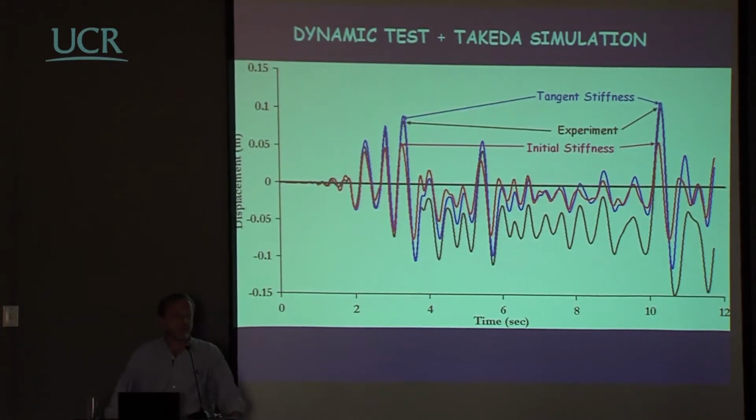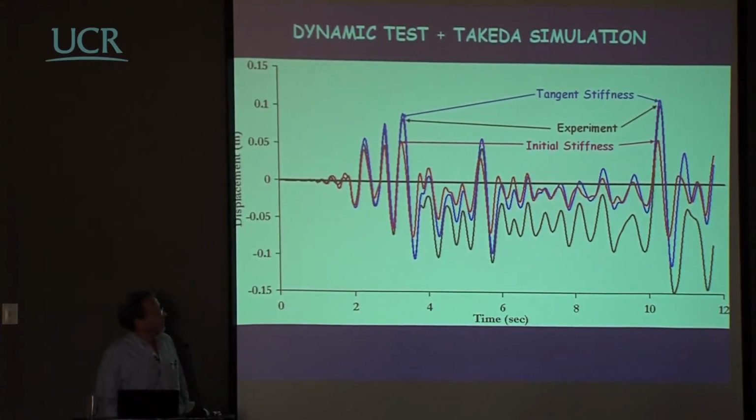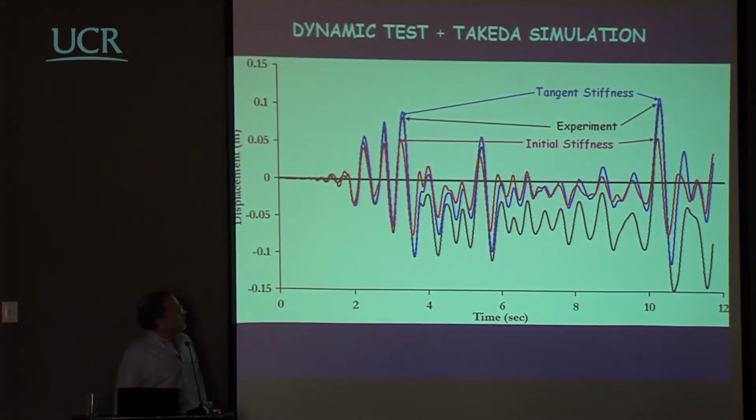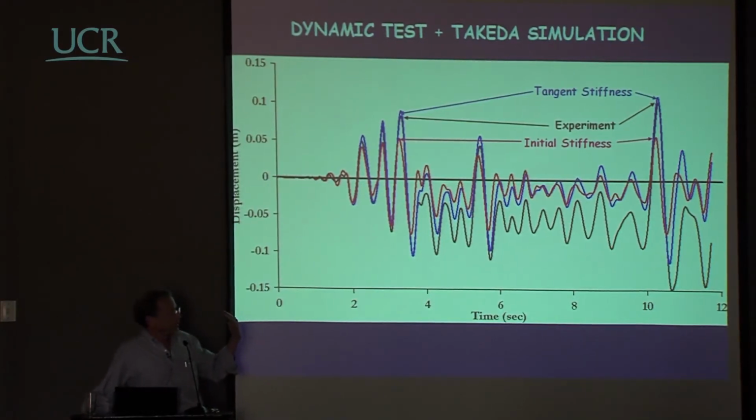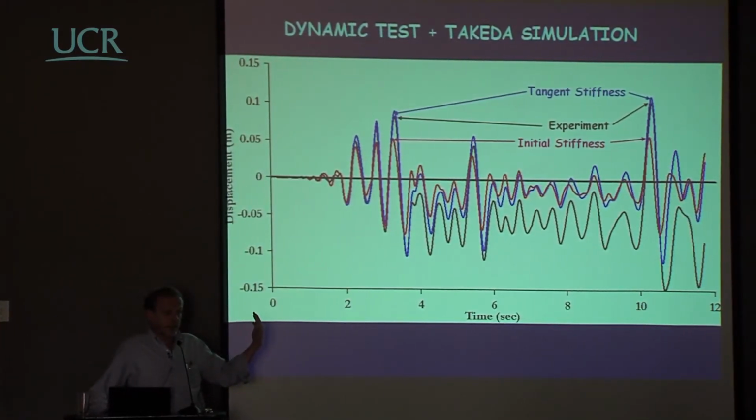And what happens is that if you look at the simulation of this structure, you can see here what you get from a simulation using the initial stiffness damping, or if you use a tangent stiffness damping. And you can see that the displacement demand predicted is very different.